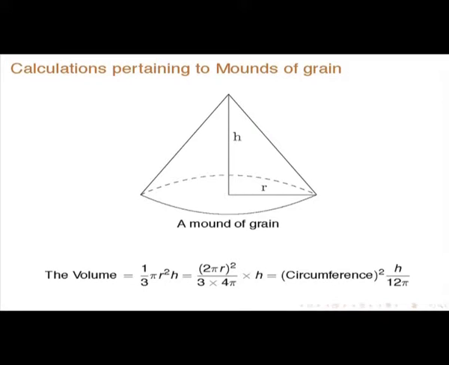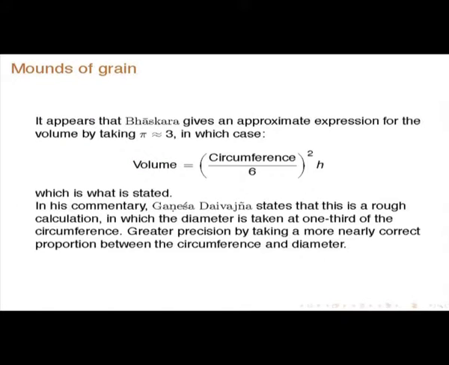This can be expressed as the circumference squared into h divided by 12 pi. It appears that Bhaskara gives an approximate expression for the volume by taking pi approximately equal to 3. The expression he gives in Leelavati is (circumference by 6) whole squared into h. So, that is what is stated.